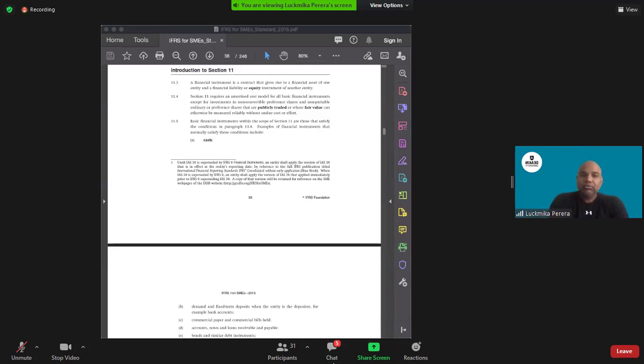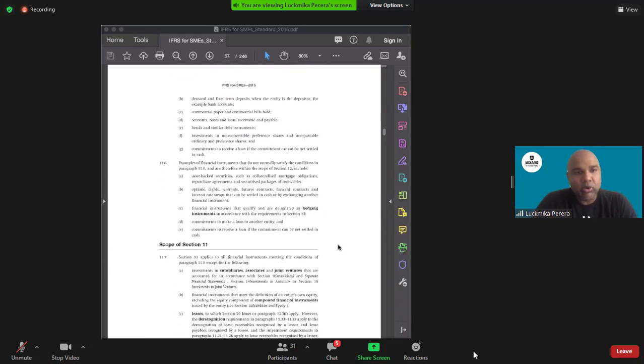Okay. So basic financial instruments, which are the scope of Section 11, are those that satisfy the condition of paragraph 11.8. We will look at it soon. Examples of financial instruments that normally satisfy this basic instrument condition are cash, and here are some of the other ones. Here you have the whole list of them: demand and fixed term deposits, commercial papers and commercial bills held, for example, like treasury bonds and things like that.